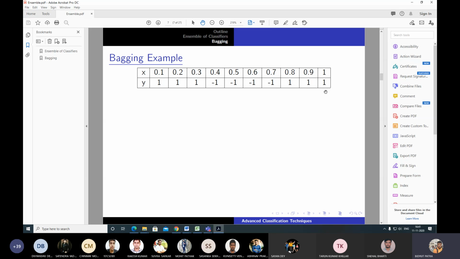We also said you cannot find a single line which can classify all points correctly. Here I say the same thing. You cannot find a decision stump which will identify the class label of all the objects. So if you understand, then only I'll proceed. Otherwise, again, I have to use the board and so on. But the rest of the thing I can do without the board.